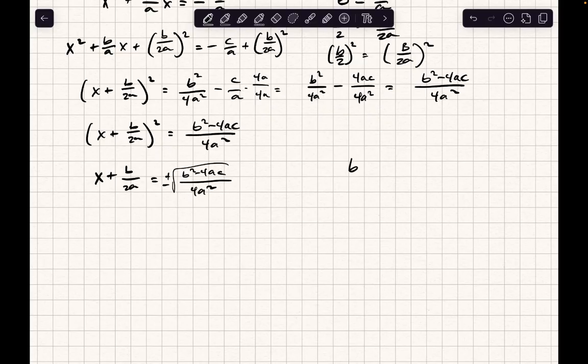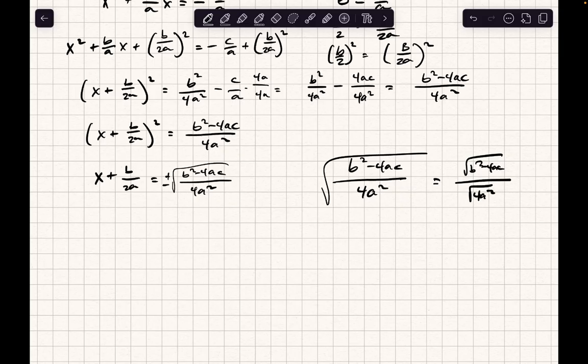What is the square root of 4a squared in the denominator? Square root of 4a squared, which is 2a. So x plus b over 2a equals plus or minus square root of b squared minus 4ac over 2a.